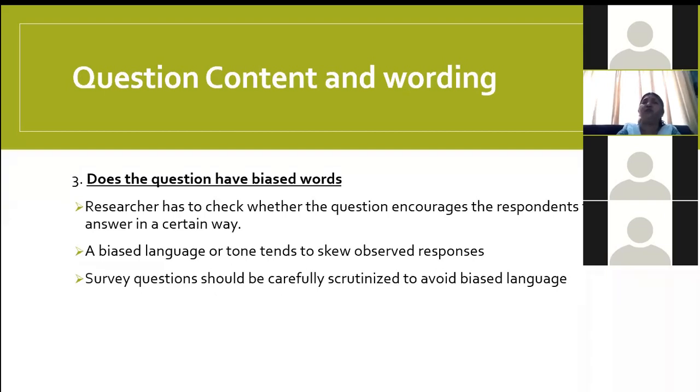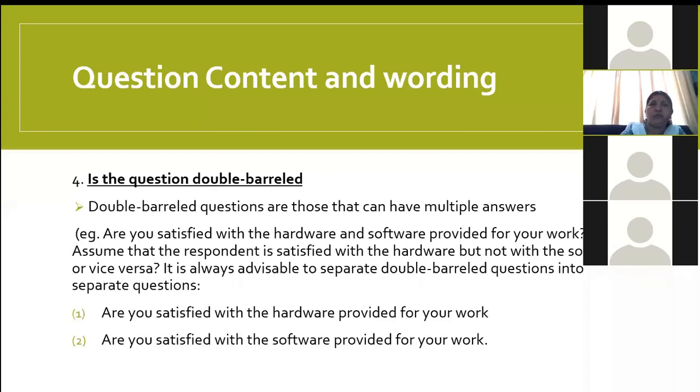So survey questions should be carefully scrutinized to avoid biased language. Researchers' bias should not be there in framing the questions, and the whole of the research work should be done in such a way that your biases should not enter into the research work. So that is very important.